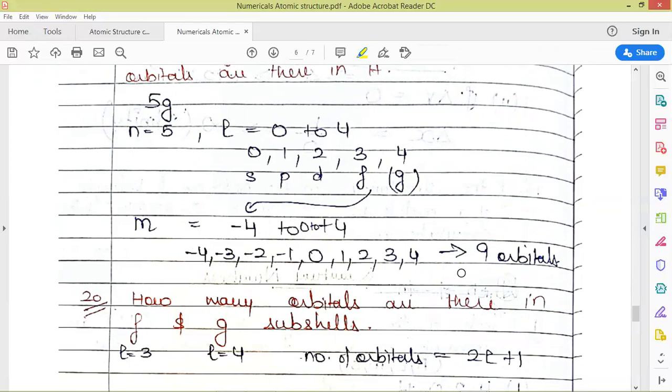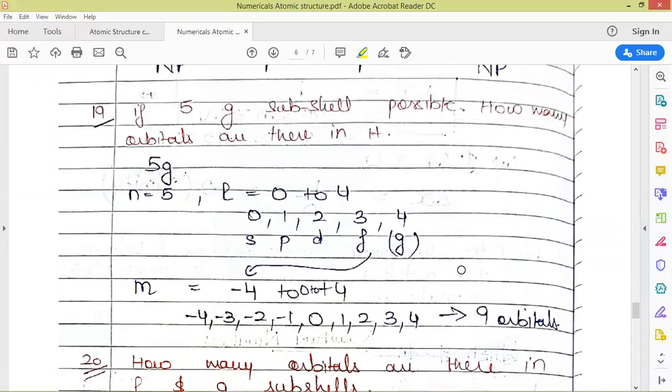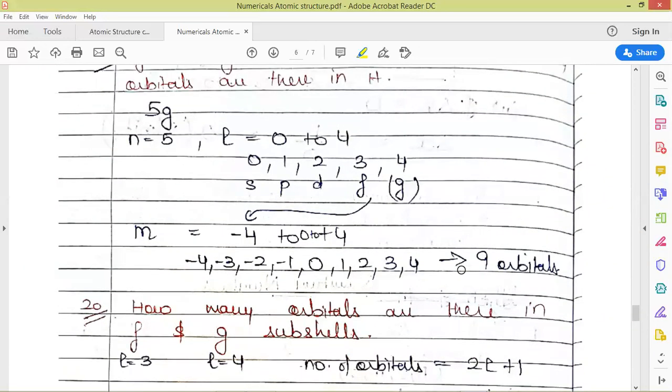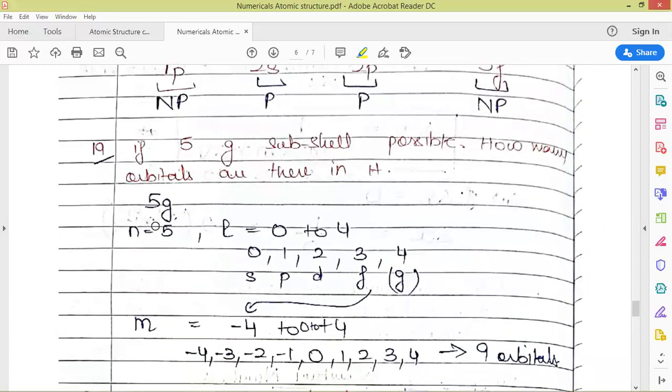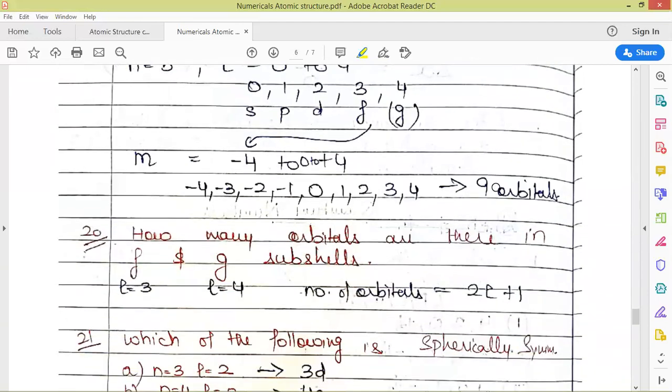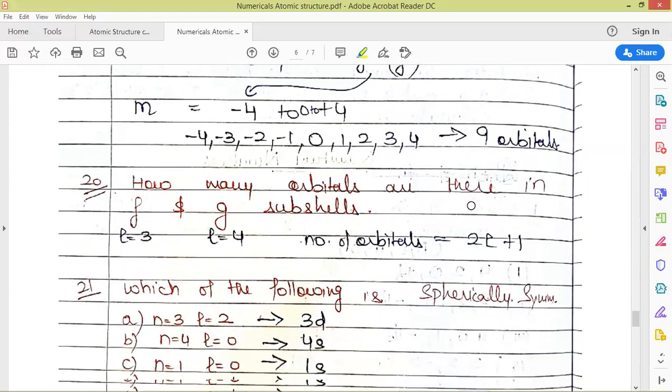So that means 9 orbitals are there for the 5g subshell, and a total of 18 electrons can be accommodated in this 5g subshell, because there are 9 orbitals and each orbital can be occupied with a maximum of 2 electrons. So a total of 18 electrons can be fitted in these 9 orbitals.